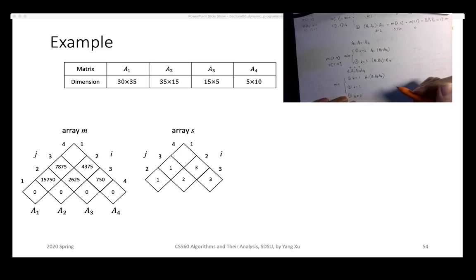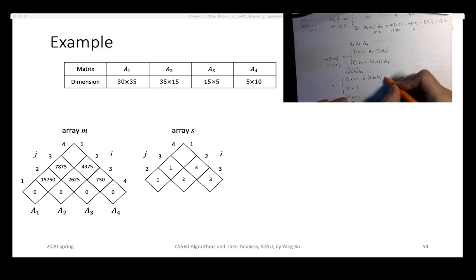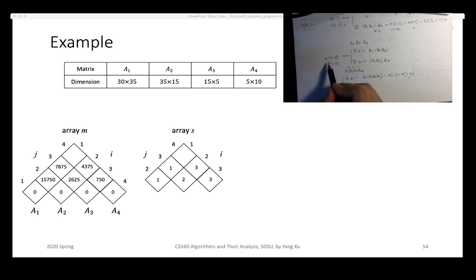Okay, so it's actually M11 plus M24, right? So what is M24? It's the subproblem of size 3 that we already solved in the previous step, right?